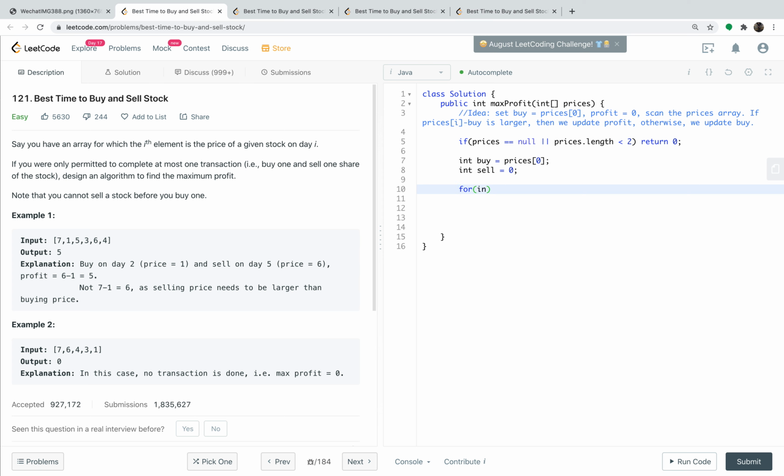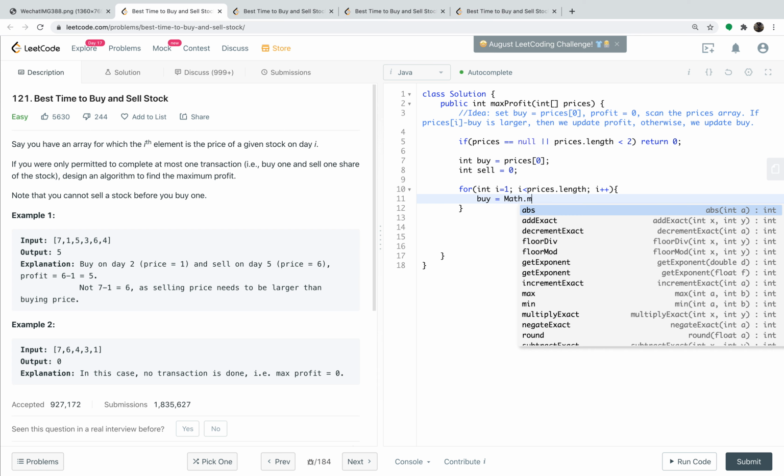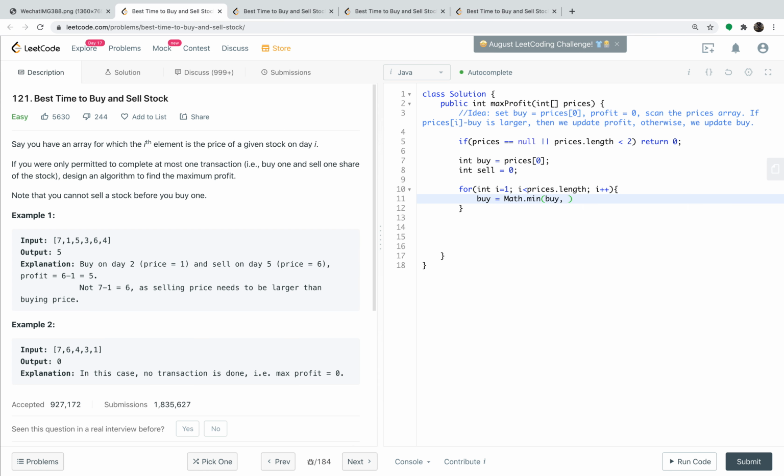So we do the for loop for the prices array, and in each for loop we can find what's the minimum price to buy, and what's the maximum to sell.